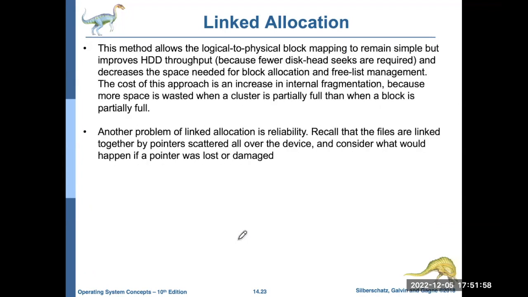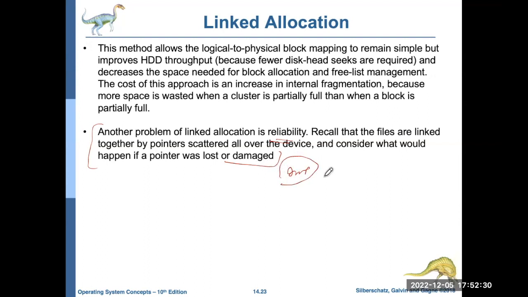This is one of the problems mentioned in this slide: if a pointer is lost or damaged, we will never be able to find the file, and that raises a question on reliability. This is very important, so please make sure that you know the problem with each allocation.